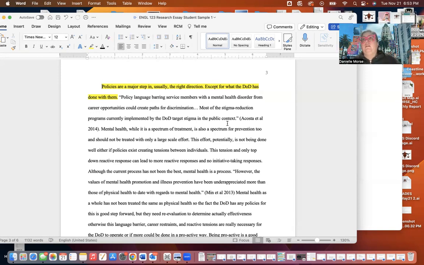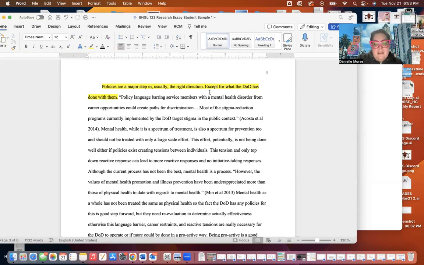I wouldn't say usually as the hedge word there; they can be at times. This is all hedging language. If I just said policies are a step in the right direction, I would be speaking as if it's a universal truth, which it's not.